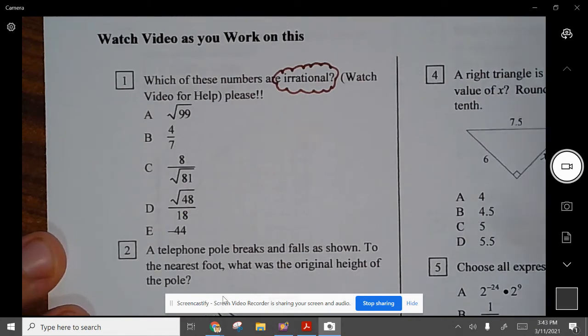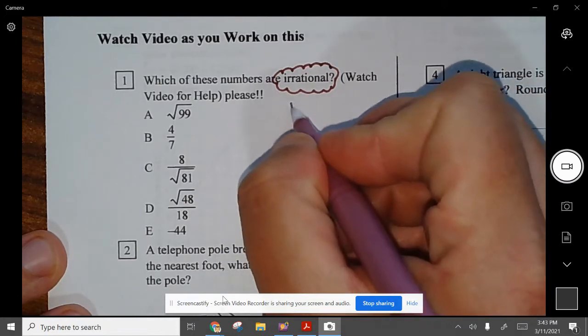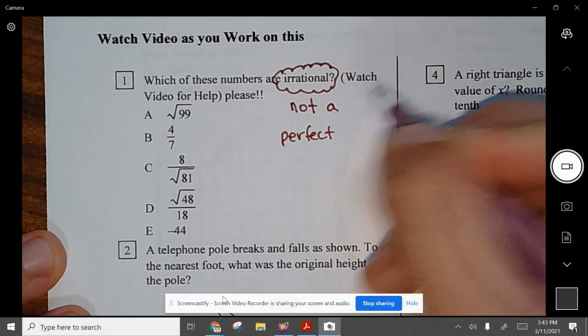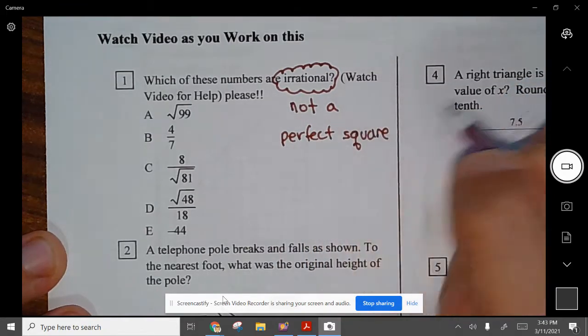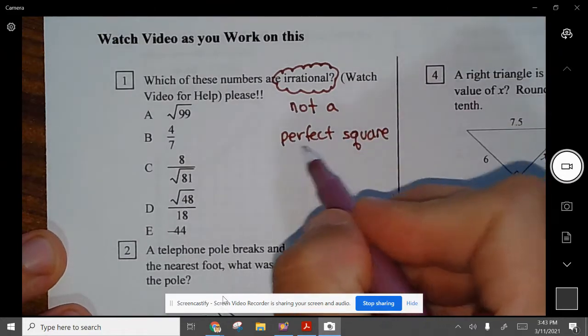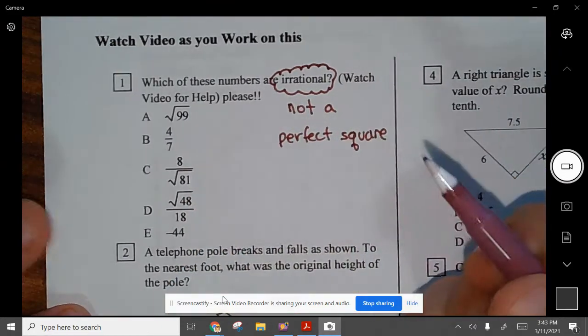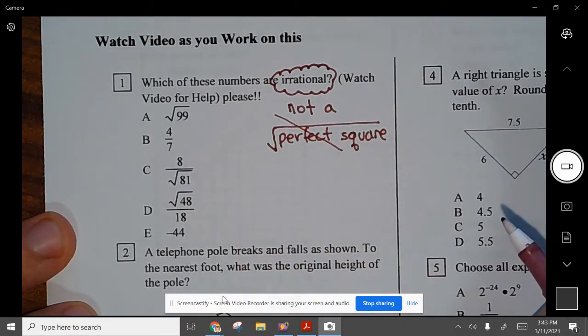But this idea of which of these numbers are irrational, select all. Irrational means not basically a perfect square. All right, you're looking for numbers that are not perfect squares. A perfect square would be like 81, right? Because that equals 9. So you're looking for the square roots that are not perfect.